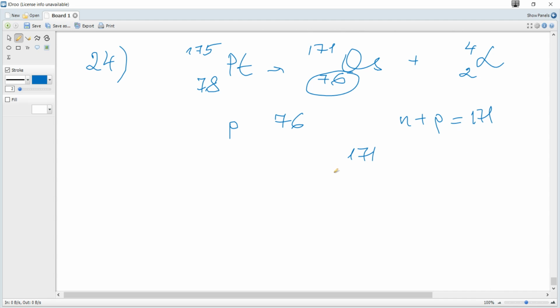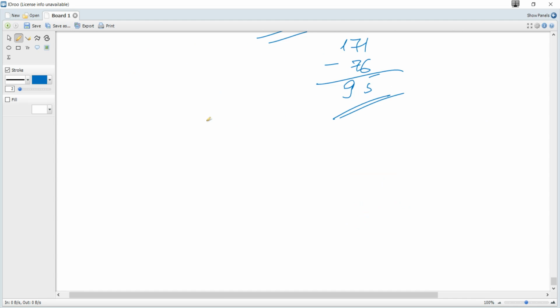So 171 minus 76 is what? 95. So 76 protons and 95 neutrons. So 25.